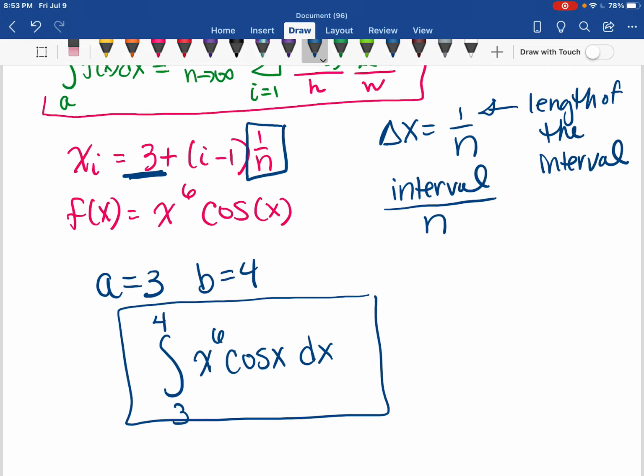And the function is going to be x to the 6th cosine x, and then I have to write dx. So this is our final answer, which represents that left endpoint approximation of the expression that was given to us in this problem.